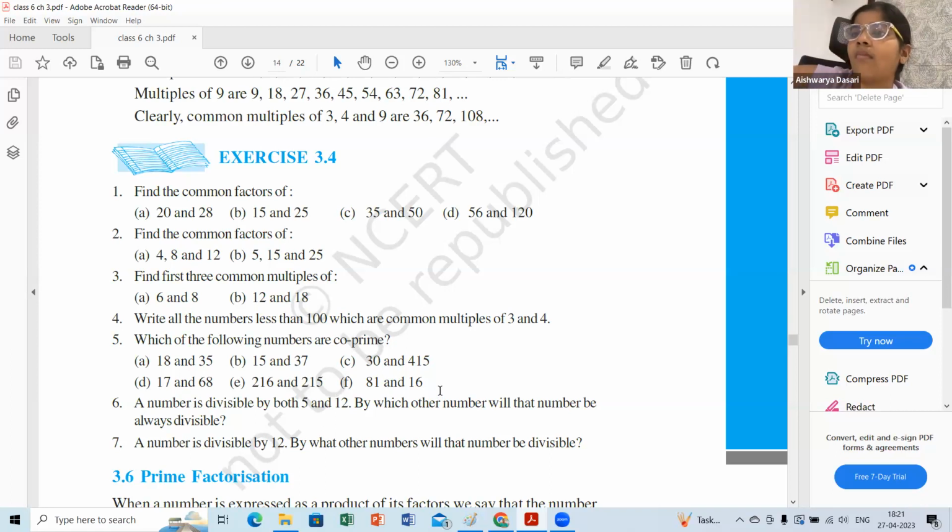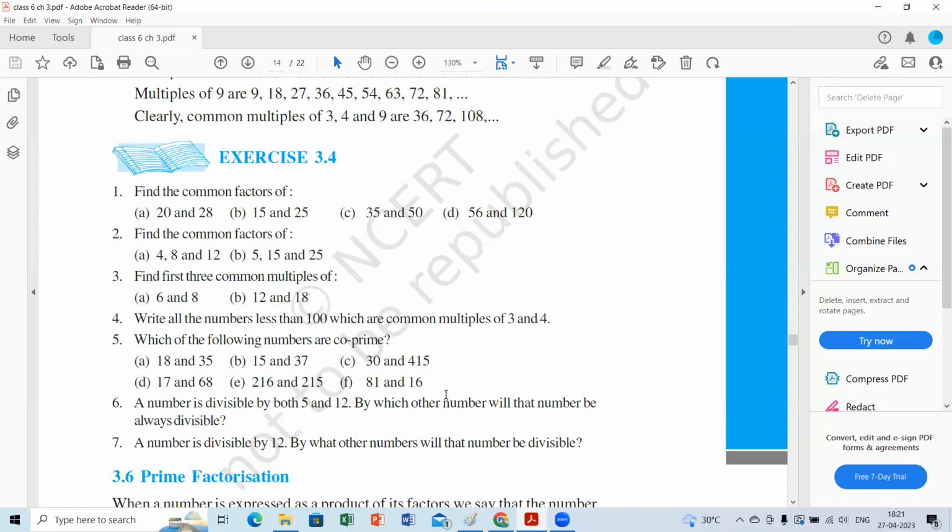So, children, if any number is divisible by both the numbers, the product is also always divisible. The product of 5 and 12 is the number that should be always divisible by 5 and 12.